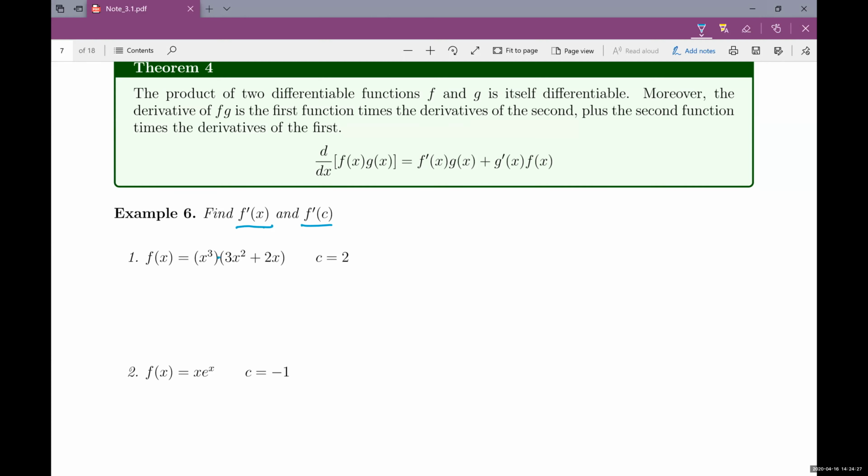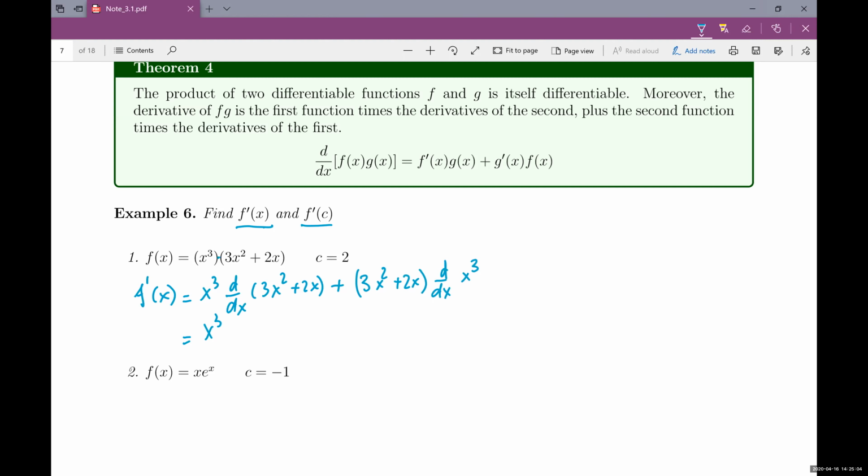So we can use the product rule to find the derivative of f. By the product rule, you take the first function, which is x cubed, multiply it by the derivative of the second function, plus take the second function and multiply it by the derivative of the first function. The derivative of the second function, you're going to use the power rule and the constant multiple rule.